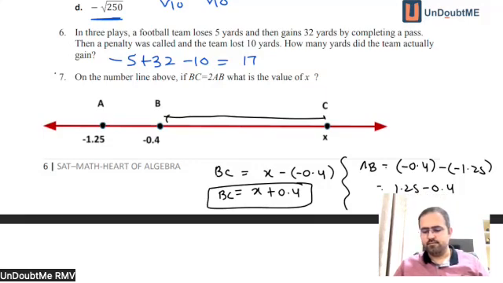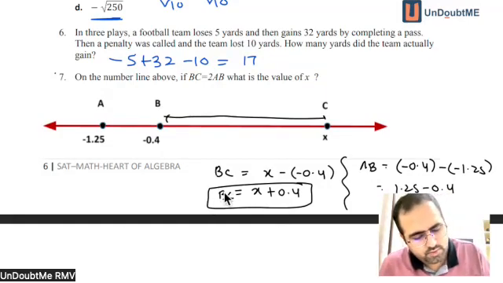It'll be 1.3. You're getting 1.3. 1.3 is correct.